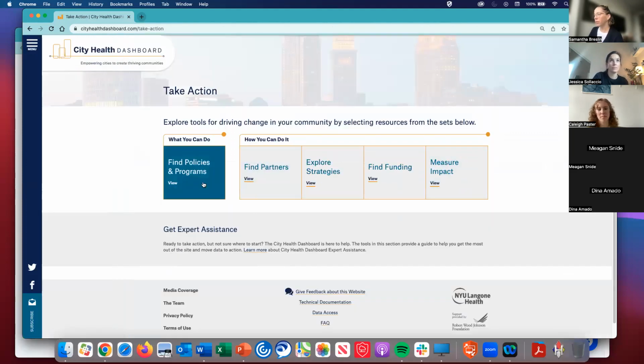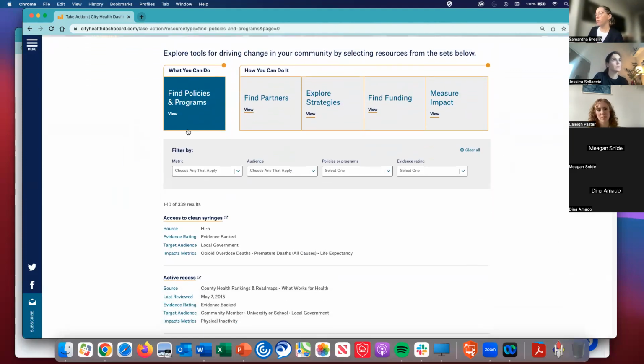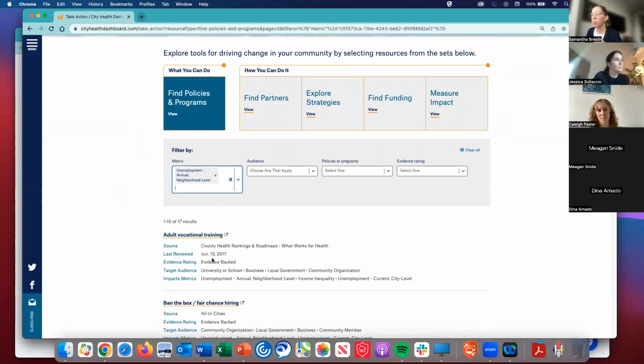We have over 330 different policies and programs across all of our measures. You can filter for any measure that you are interested in, and then that list will be filtered for the various evidence-based programs or policies that are proven to move the needle on whatever metric you're looking at.